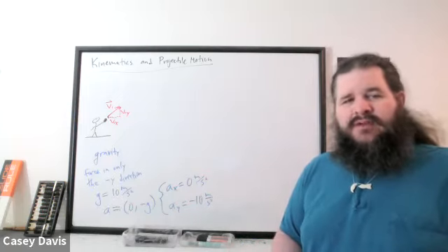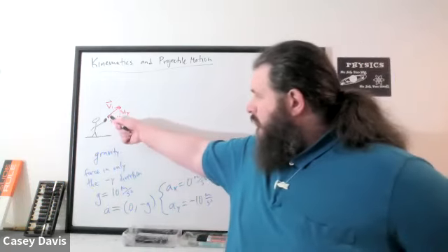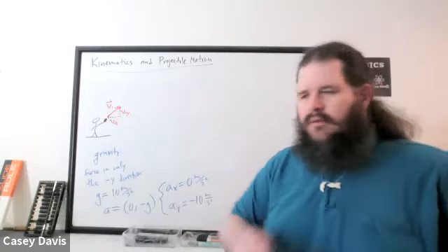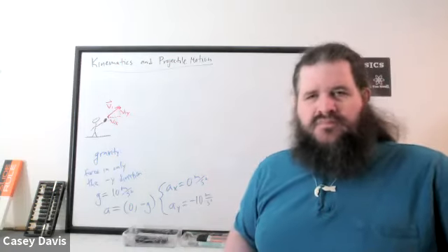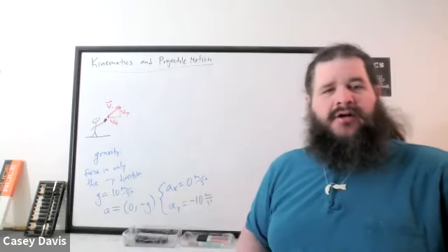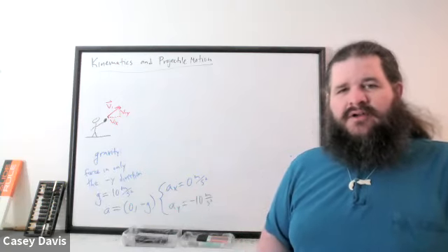But that means the acceleration is constant. If this object is in free fall, from the moment you let go to the moment it hits the ground sometime later, the acceleration in the x direction and the acceleration in the y direction are constants. And what equations can we always use if the acceleration is constant?